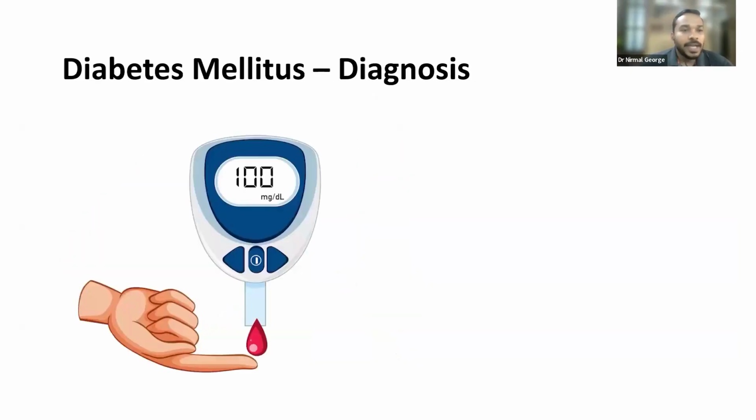So how are we going to diagnose diabetes mellitus? A person who is having increased plasma glucose can be considered as a diabetic. There is a criteria for that.